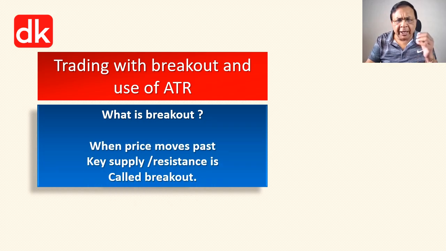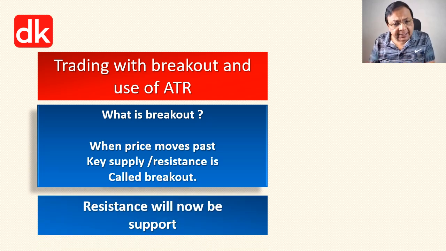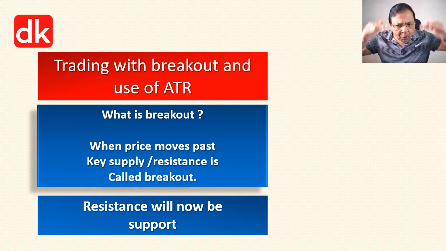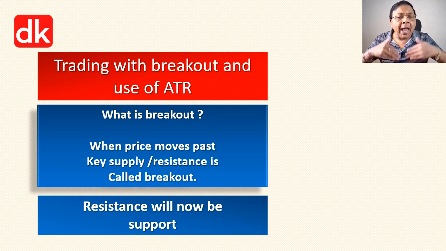To keep things simple, when the price moves past the key supply or resistance zone, it is called a breakout. And friends, resistance which has been broken out will now act as a support, or the support which has been broken down will now act as a key, immediate resistance.